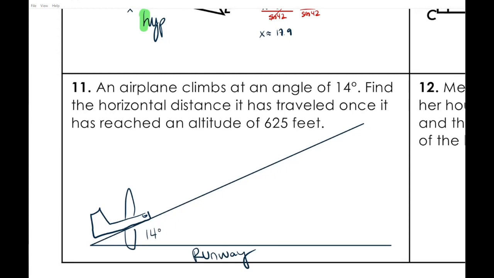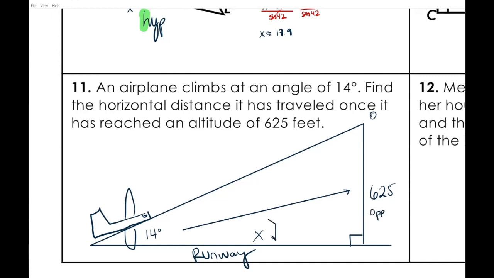Find the horizontal distance. So that's this number on the bottom. So that's x. It has traveled once it reaches 625 feet. So that would be somewhere up here. Over there. So identify what we have. In relation to 14, we have the opposite side. And we have the adjacent side, the one it's next to.